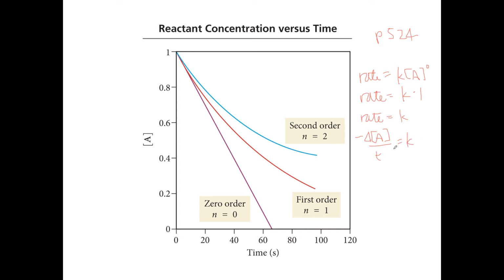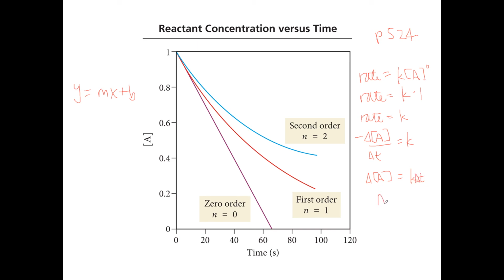Now watch this. If this is my y-axis, let's think about this in terms of y is equal to mx plus b. And this is my x-axis. I'm going to want t to be over here by itself. So Kt, that was over dt, the change in time.